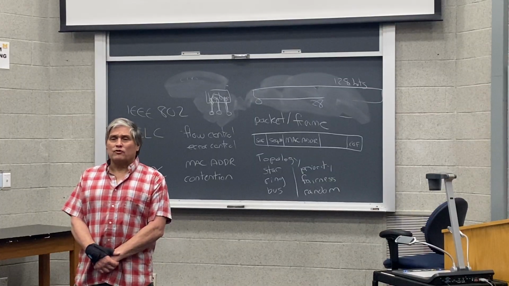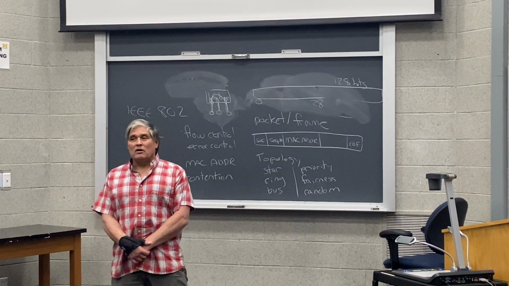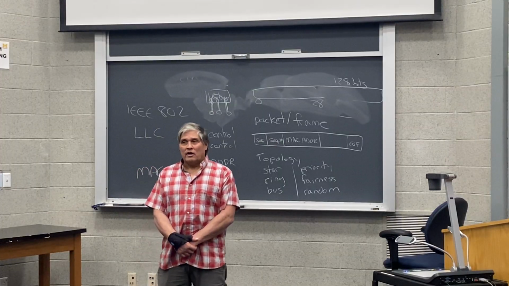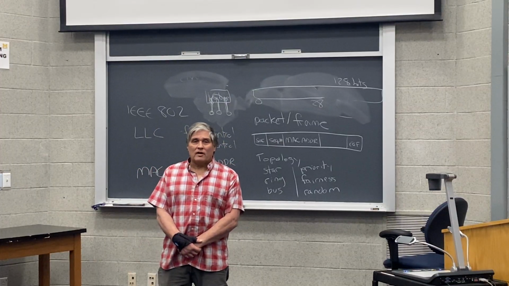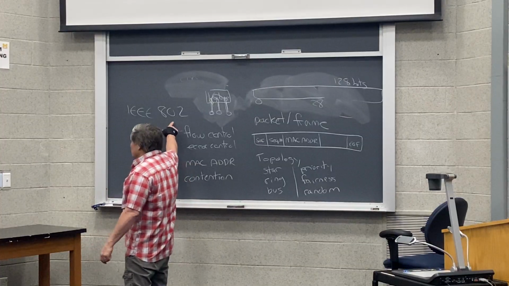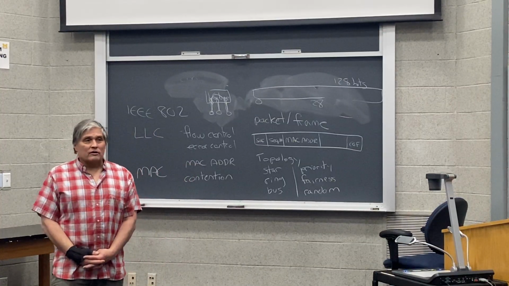There's a bunch of them. 802.11 is Wi-Fi, and 802.15, Bluetooth, falls under that. But the only ones that I care about that you know are 802.3, which is Ethernet, and 802.11, which is Wi-Fi. But the reason I bring up 802 is that it is the de facto standard for LANs.